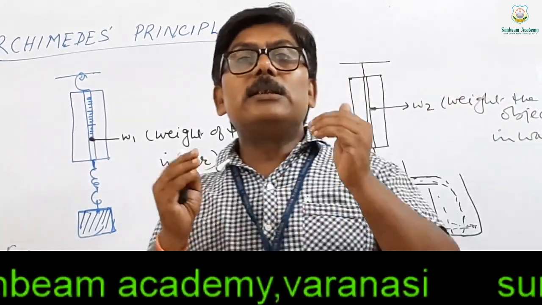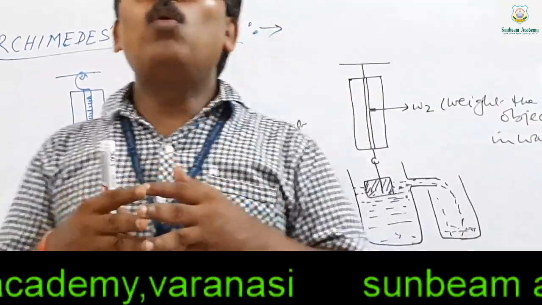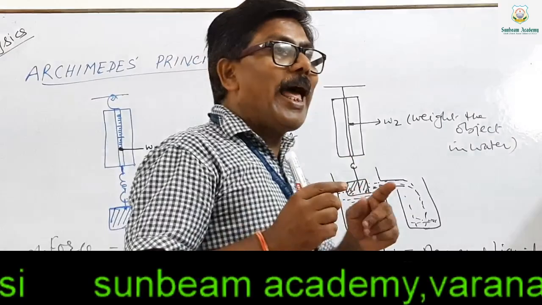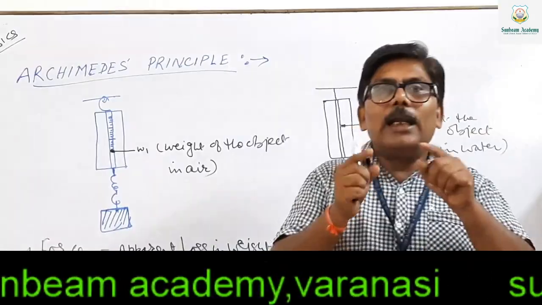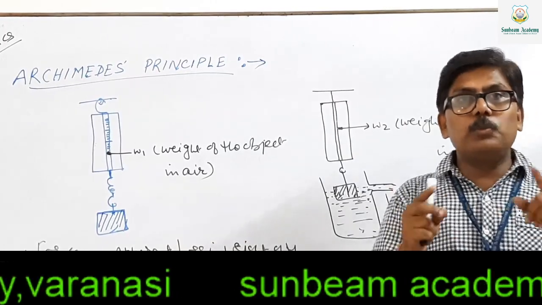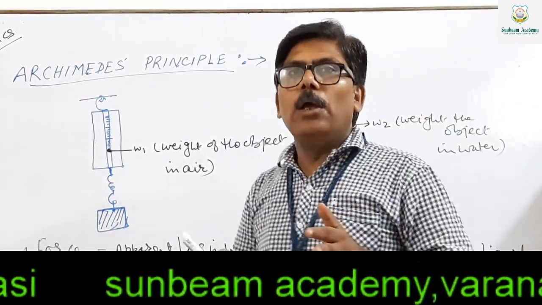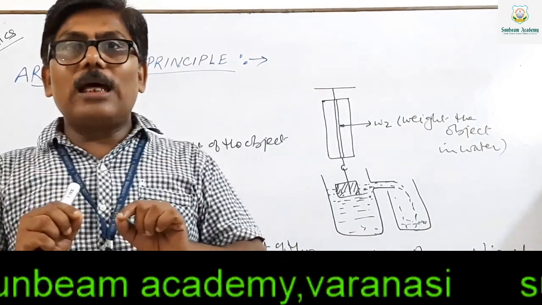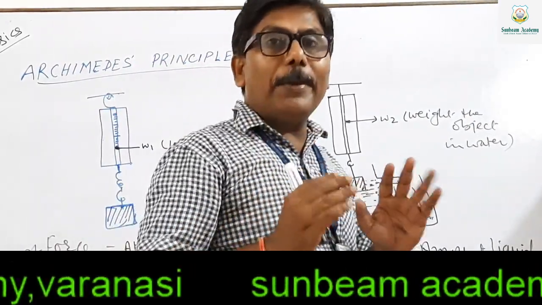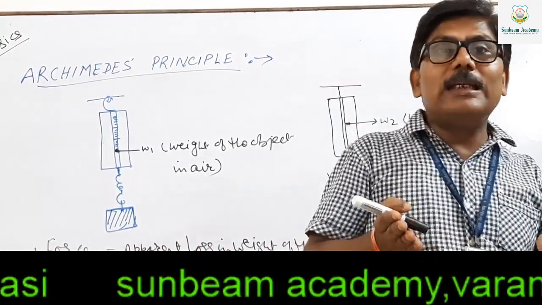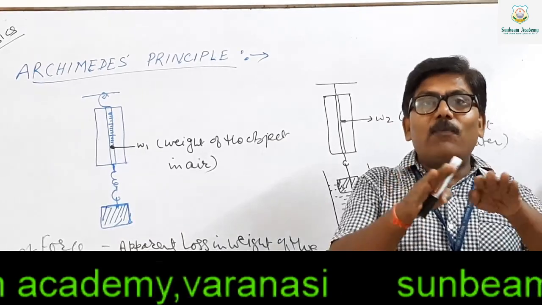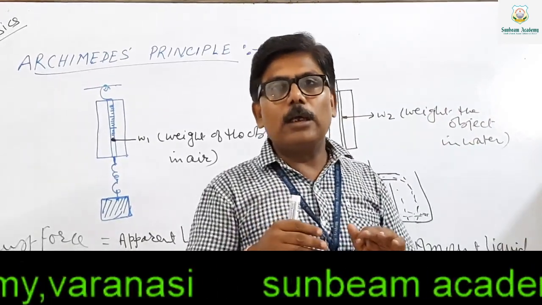Now you see the submarine, how the submarine works on Archimedes principle. Submarine has a tank having two chambers in it. उसमें दो chambers रहते हैं. When these chambers are filled with air, then what happens? These submarines will easily come up to the surface of the water and they will float on the surface.